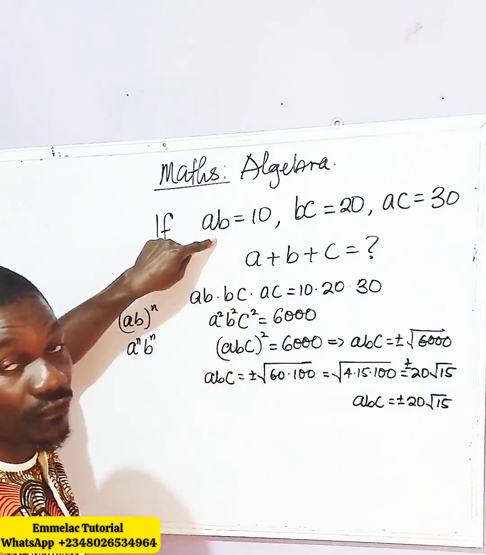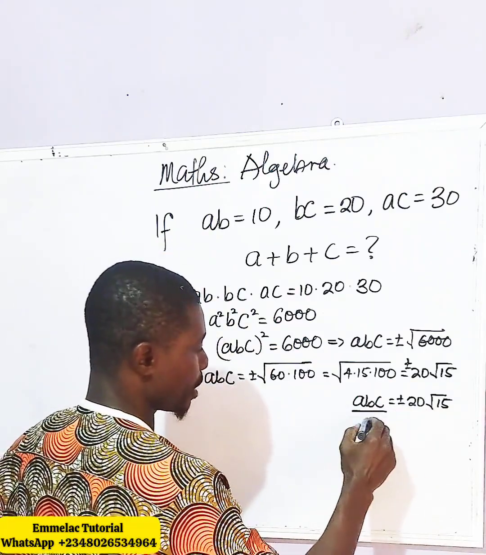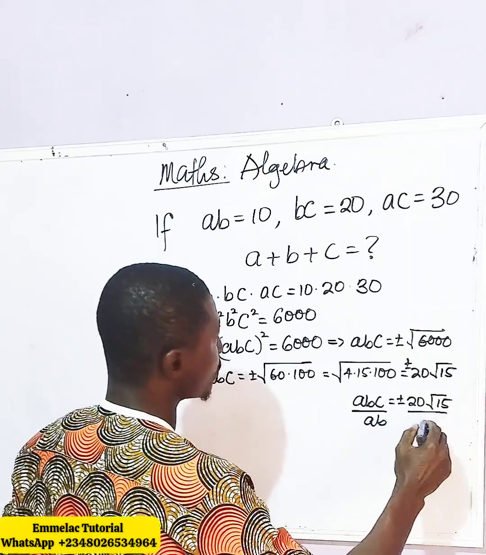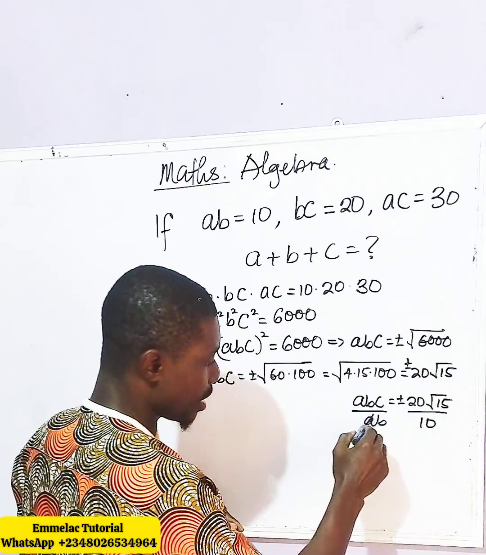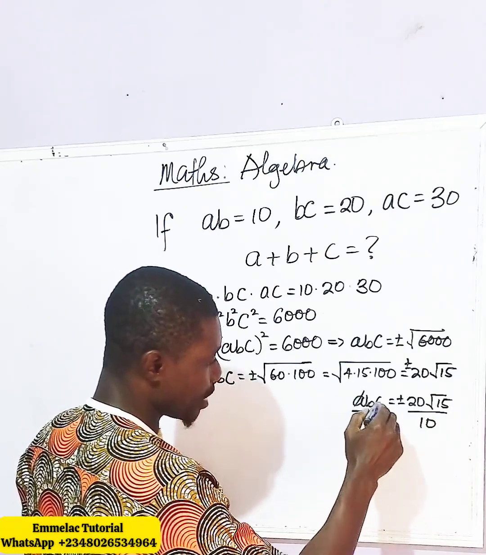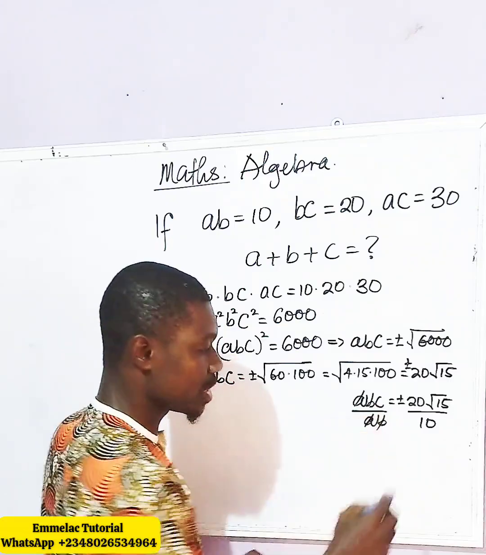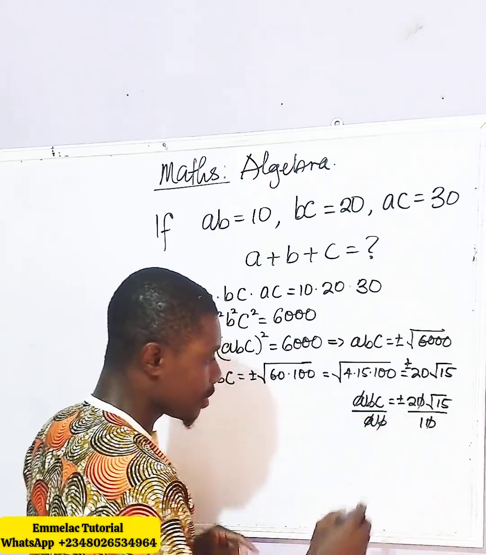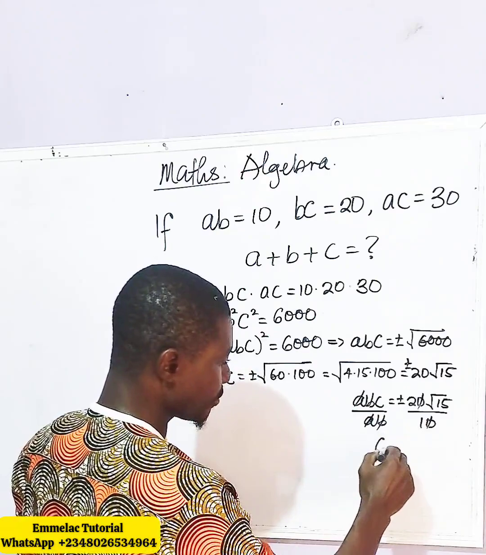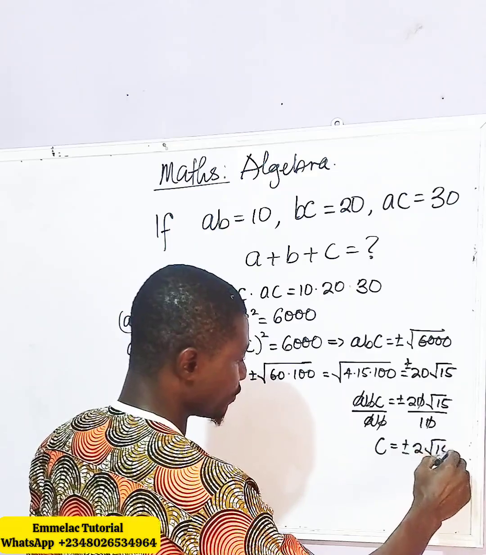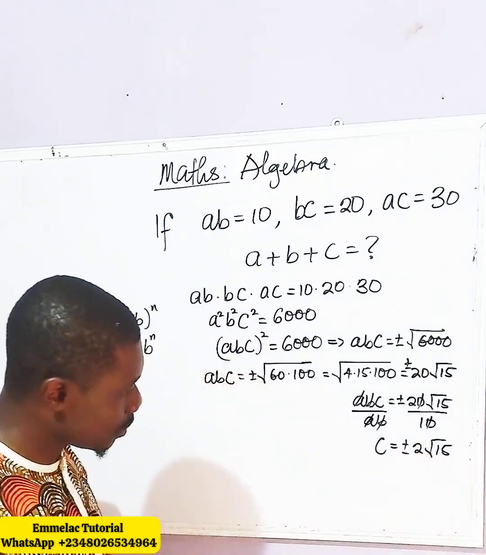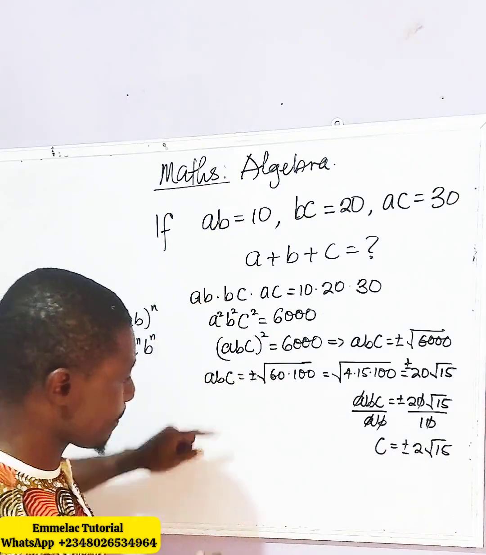Now let me divide it by the first term, AB, which is 10. Since AB equals 10, A will eliminate A, B will eliminate B, so we are left with this. Then this 0 cancels this 0, so C equals plus or minus 2 root 15.